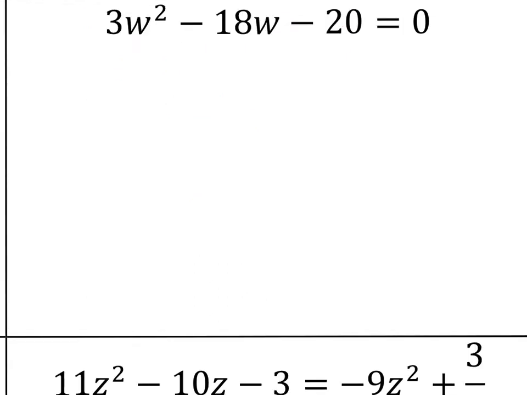Now if you look at this third example here, we can't really simplify the quadratic equation, so maybe I need to factor out the 3. My goal is to make the leading coefficient 1.